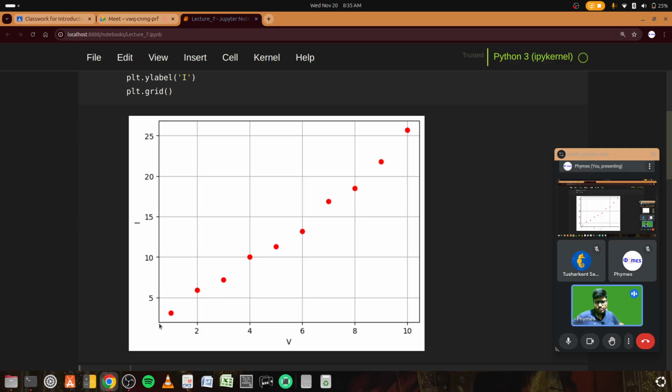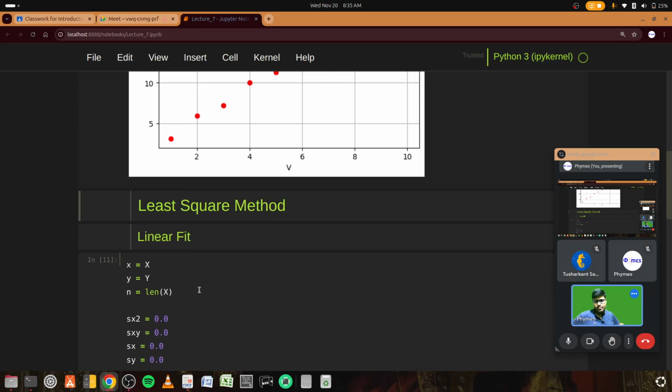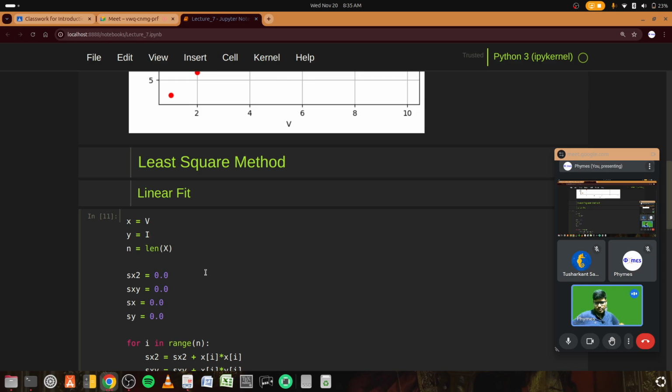It is like this. As we are increasing the voltage up to 10 volts, we are getting the current values. Now on the x-axis we have the voltage V, and on the y-axis we have the currents. So x is V and y is I, and what is n?